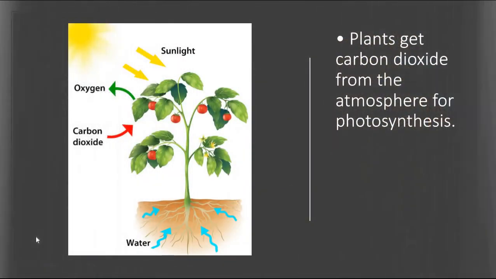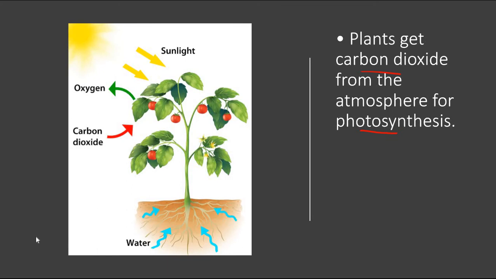Anyway, moving on, the next important thing is that plants get carbon dioxide from the atmosphere for photosynthesis. So I had explained earlier what is photosynthesis. Again, let me rephrase it.